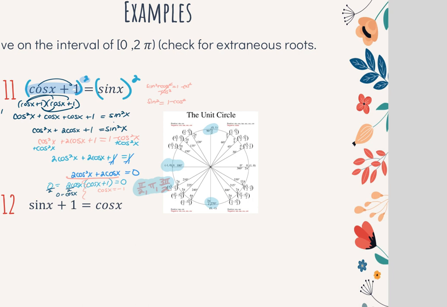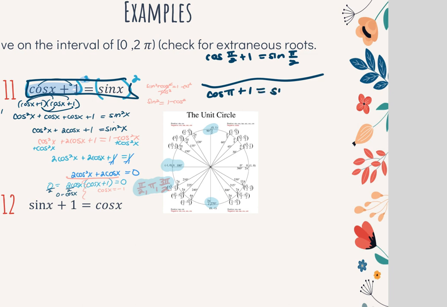So I'm going to check these answers in my initial equation. I'm going to get cosine of pi over 2 plus 1 equals sine of pi over 2. Then I'm going to check cosine of pi plus 1 equals sine of pi. And then I'm going to check cosine of 3 pi over 2 plus 1 equals sine of 3 pi over 2.